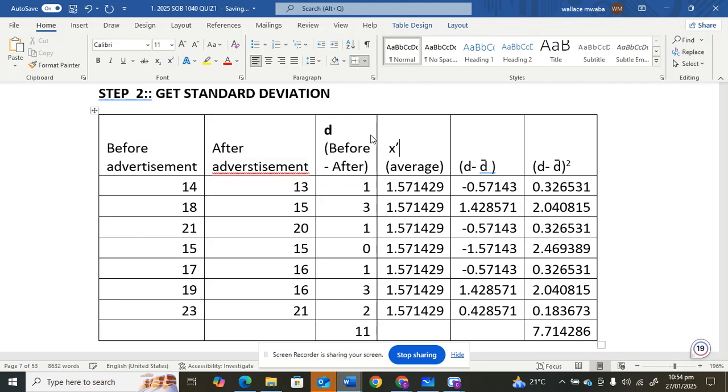I was just using D for this; I'm typing for someone, so I just wanted to look unique. So X bar is the average, yes.